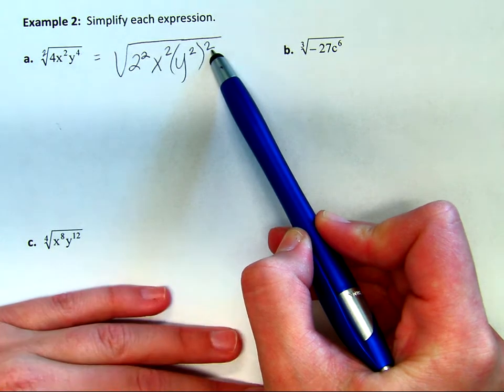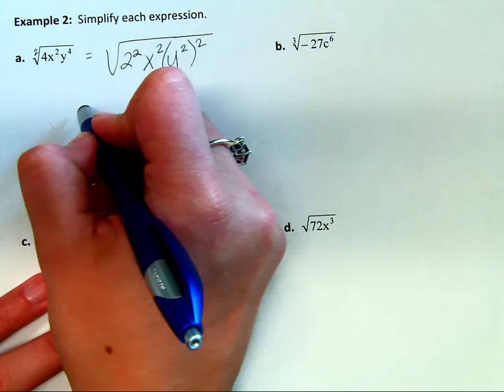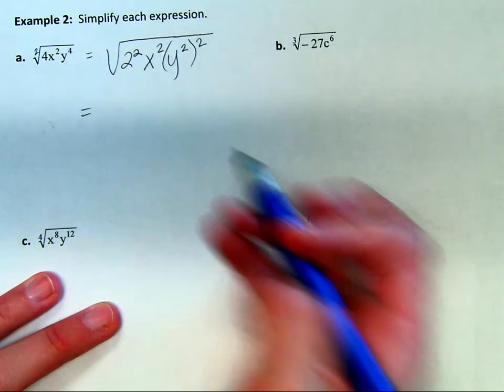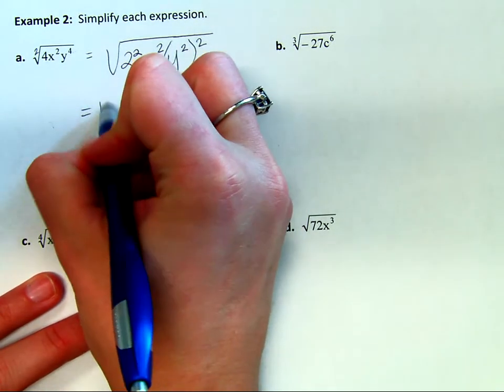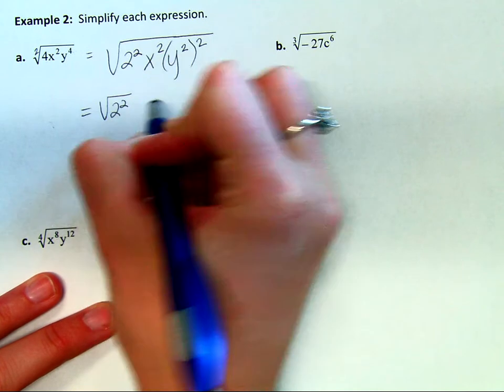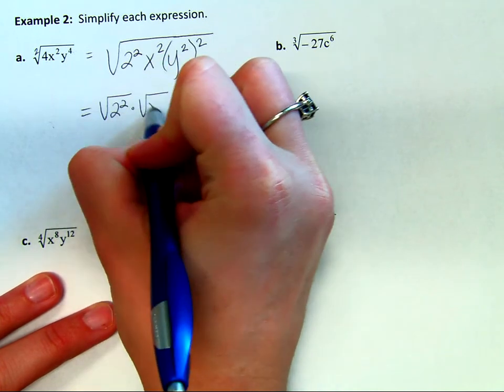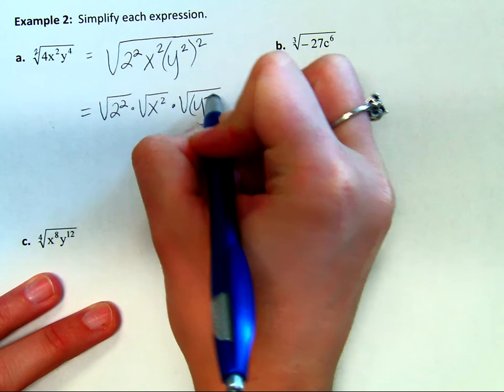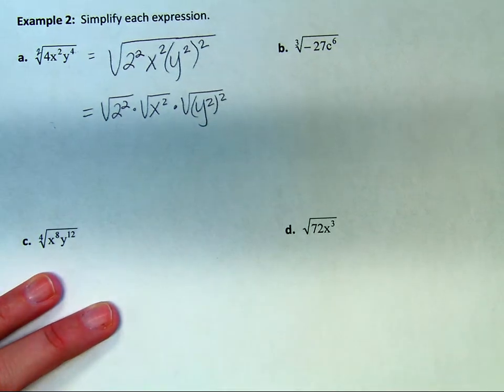And now I have it written as a perfect square. Now I'm going to use my product property to isolate each of these perfect squares. So this is the same as the square root of 2 squared times the square root of x squared times the square root of y squared squared. I'm saying the word squared a lot.